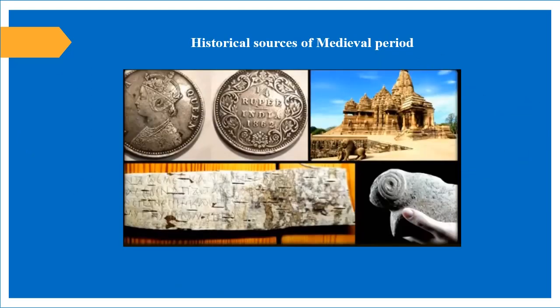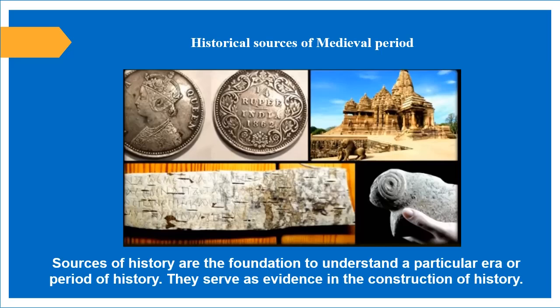Historical sources of medieval period. Here you can see pictures of coins, temples, you can see sculptures. All these are sources of medieval period, right? Now, sources of history are the foundation to understand a particular era or period of history. They serve as evidence in the construction of history. इसका मतलब it means that historical sources are important to understand a particular era or period of history.